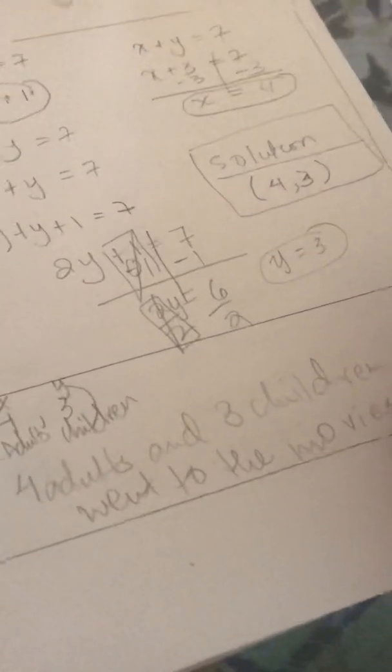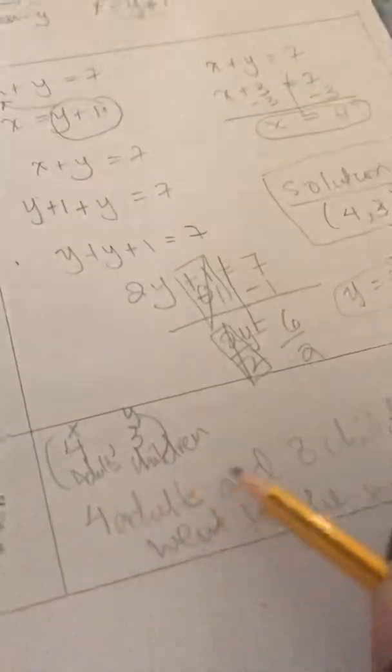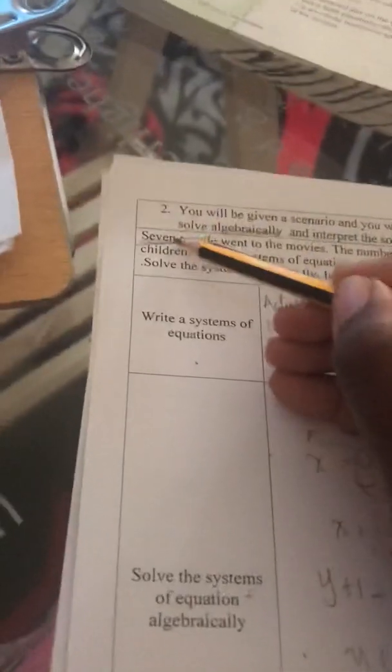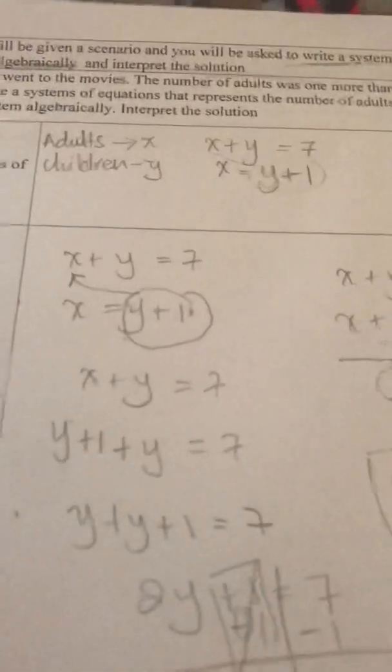And how do I check? I know I'm correct. 4 plus 3 is 7. They said 7 people. Okay? So do your examples and then we'll talk about them tomorrow.